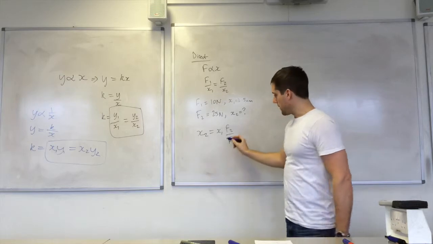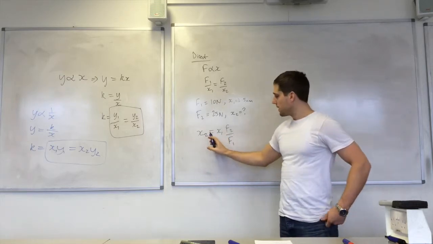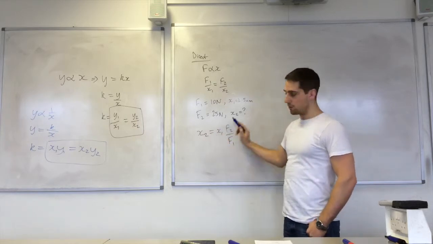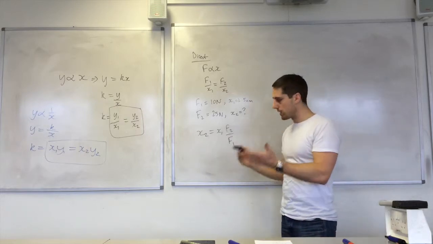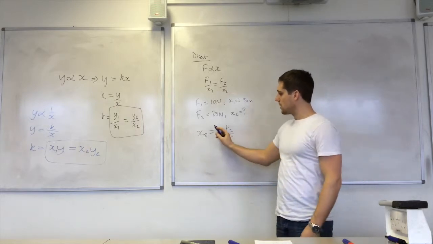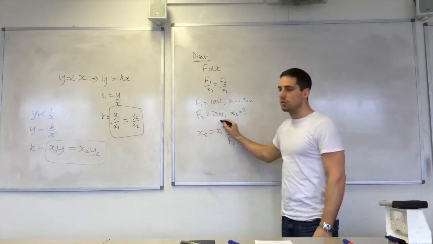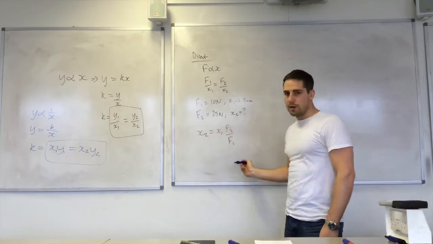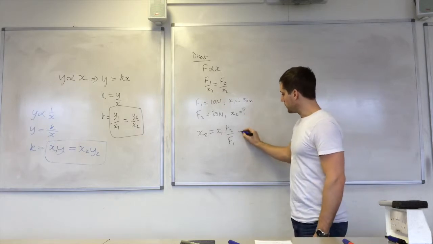So what you see here is that I'm solving for an extension value, and in my equation I have an extension on the right hand side multiplied by a ratio of forces. And whenever you use these relationships correctly, that will always be the case. That for the quantity you're trying to solve, the equation will include the same type of quantity, so an extension, multiplied by a ratio of the other quantity, so those two values there.